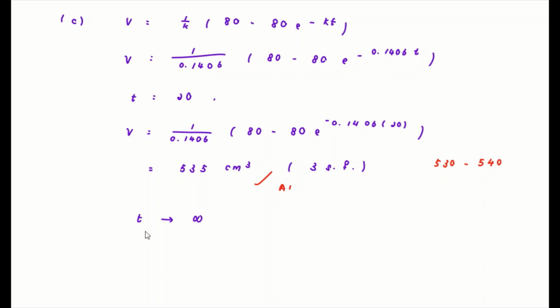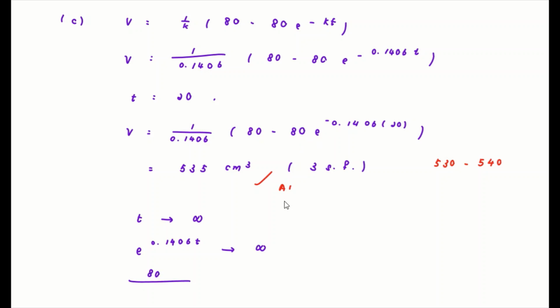When t approaches infinity, e to the 0.1406t will approach infinity as well. Okay, because for an exponential graph, when your x increases, your y increases as well. So it goes to infinity.